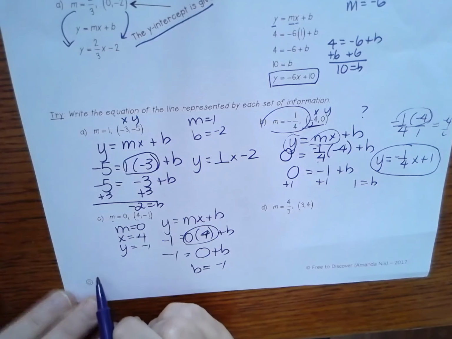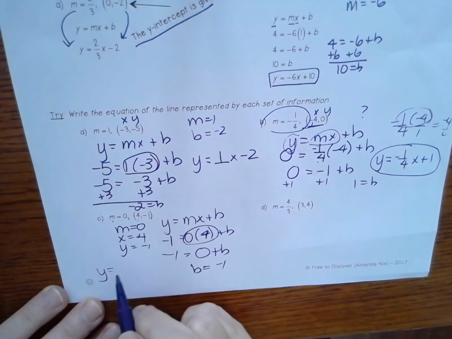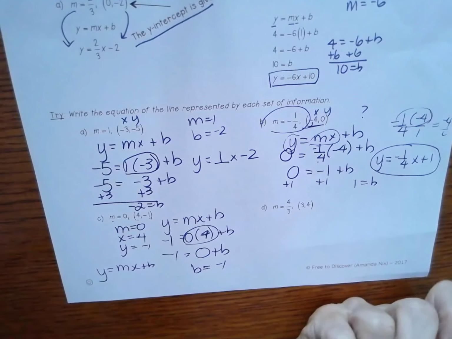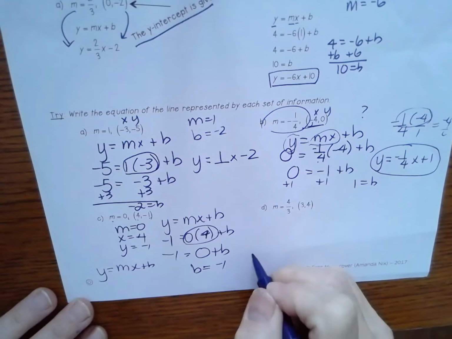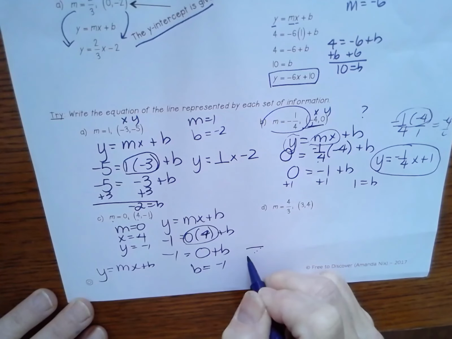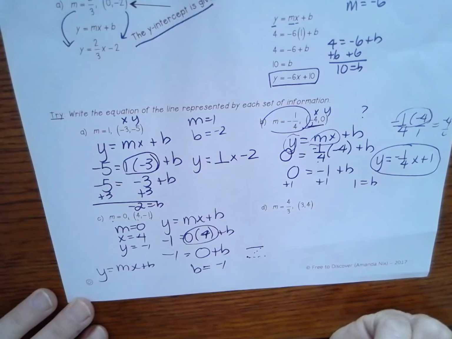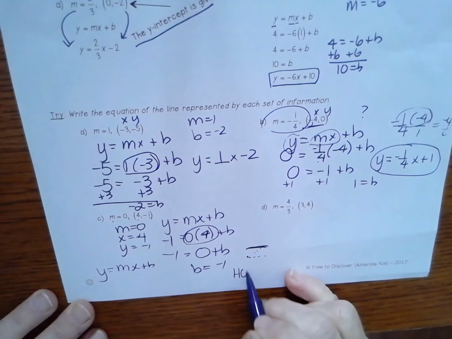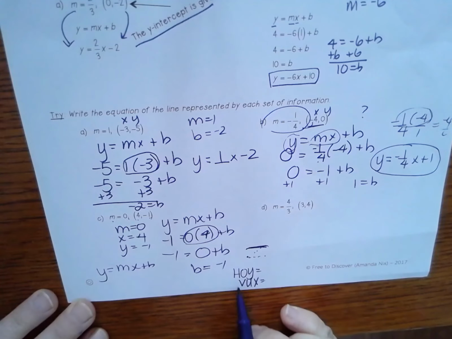Now this is where it might get a little confusing. When we write y equals mx plus b, we're saying it's a zero slope. Remember that a zero slope is a horizontal line, and I'm reminding you that we learned HOY and VUX.